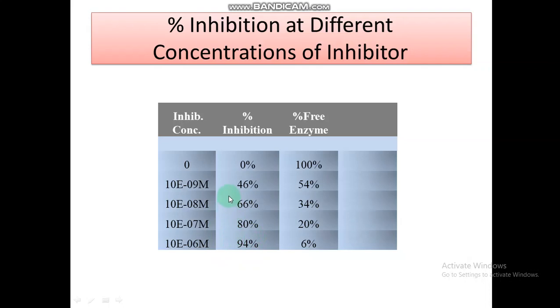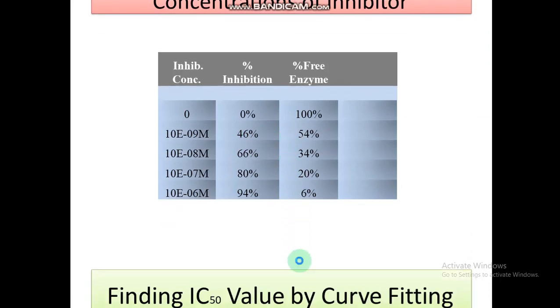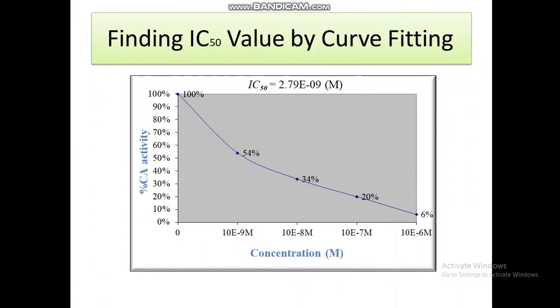Then we will go through serial dilutions up to a concentration that gives below 50% inhibition, so that we can find out at what concentration we will get 50% inhibition. We will also go down to 0, because there is no inhibitor in our control, and at the control the enzyme activity will be 100%. Then we subtract percentage inhibition from 100, and we get the percentage activity of our free enzyme. In this way we can then find out the IC50 values.